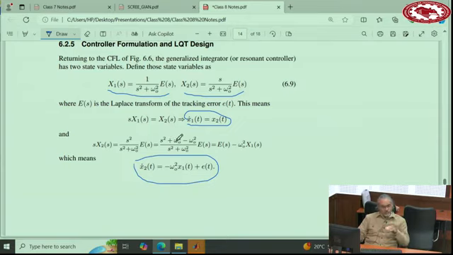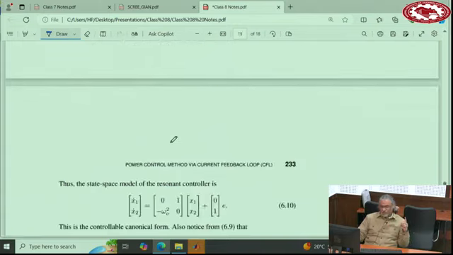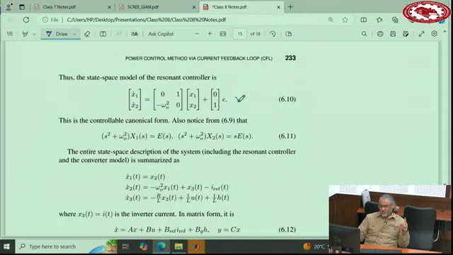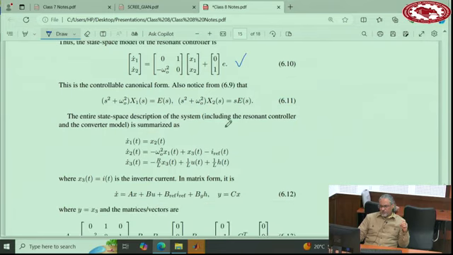Now you need to combine these two equations with the equation of the plant or converter, which is only one equation. So these are the equations of the controller, and the equation of the plant is this one, for the current.